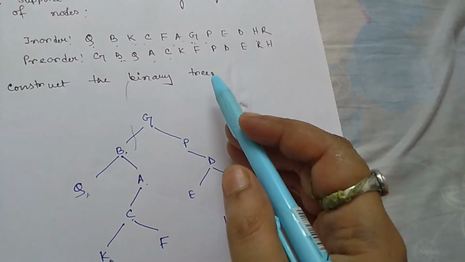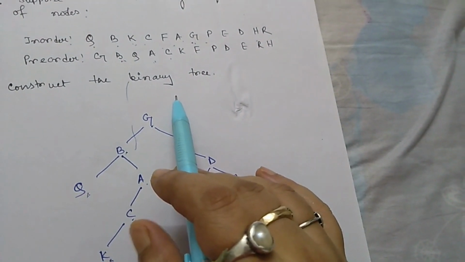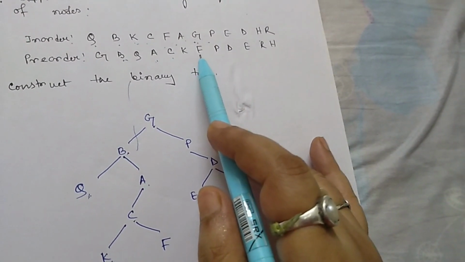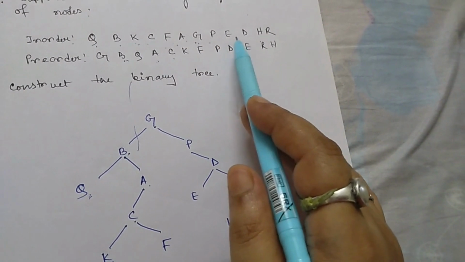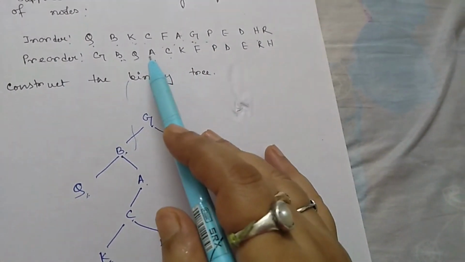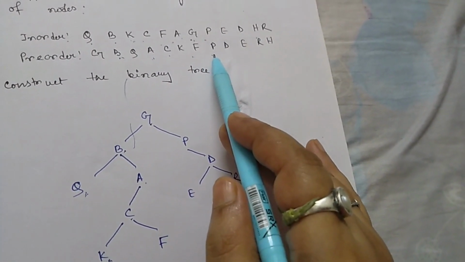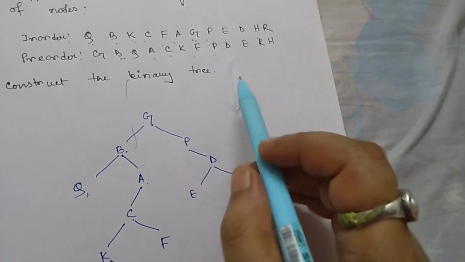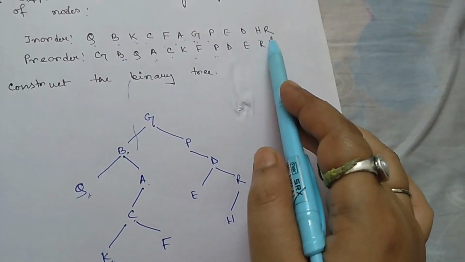Again we move into the right subtree. The next sequence of the right subtree is P, E, D, H, R. So the next root from the pre-order sequence is P. For that reason, here we draw P.